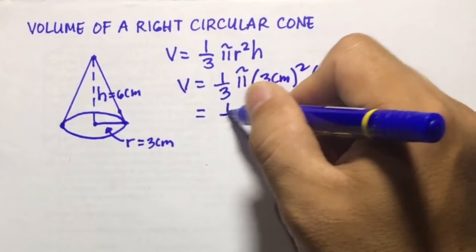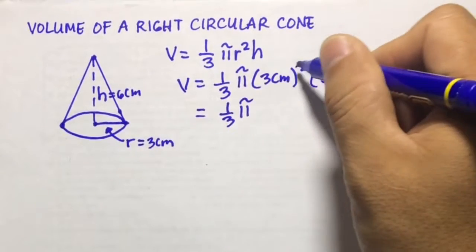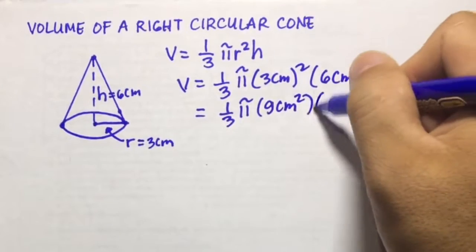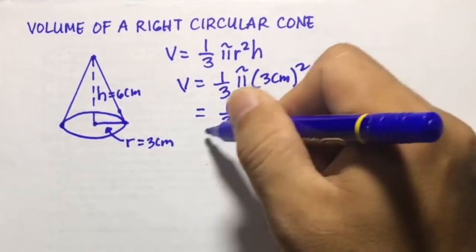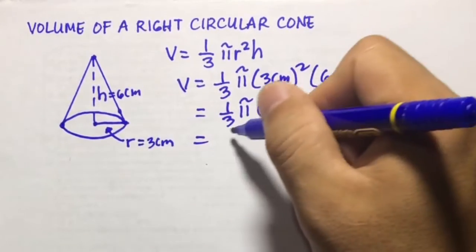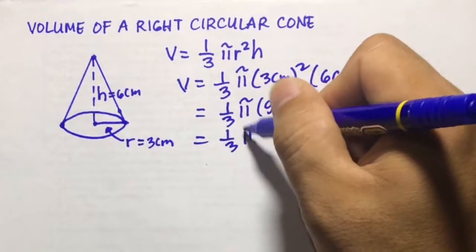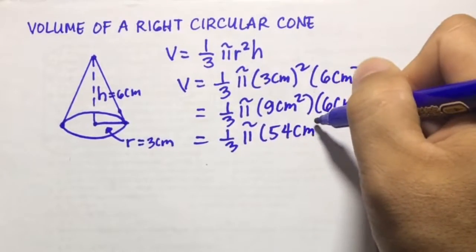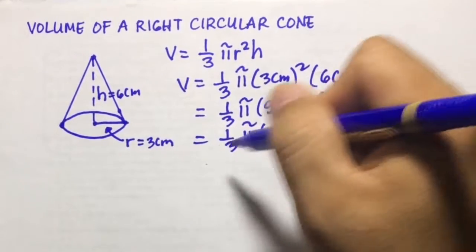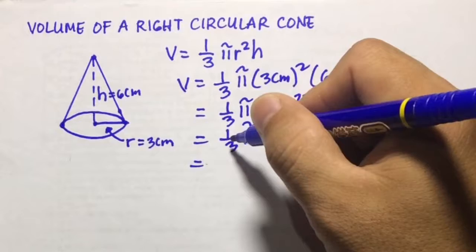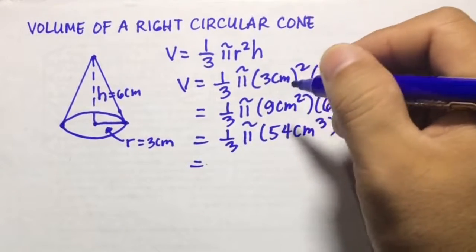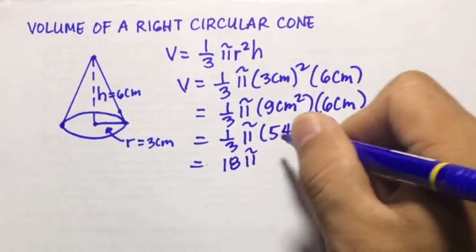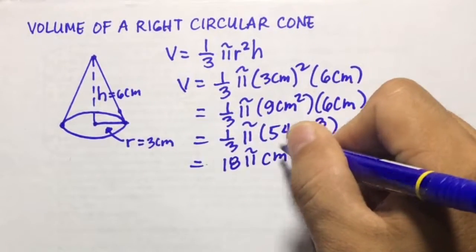So this is equivalent to 1/3 pi, then 3 cm squared is 9 cm squared times 6 cm. Then 9 times 6 is 54, so we're going to have 1/3 pi times 54 cm cubed. Then 1/3 of 54, that is equivalent to 18, so we're going to have here 18 pi cm cubed.